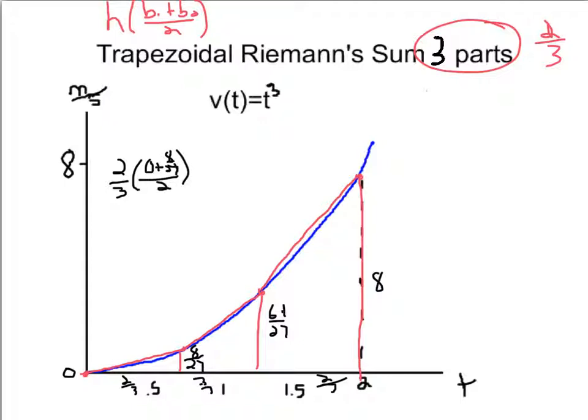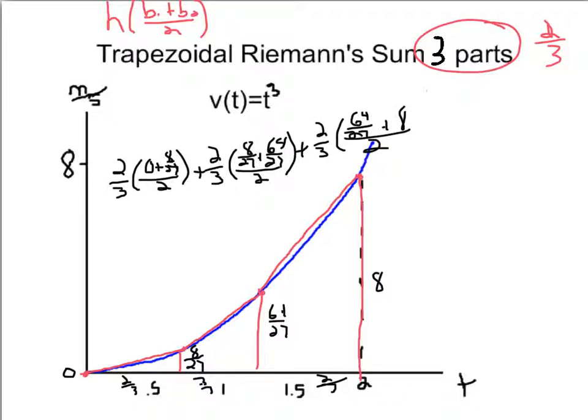Height times the average of the two bases, plus for the second one, the height is 2/3, and the average of the two bases would be 8/27 plus 64/27 over 2. Plus for the final one, the height would be 2/3, and the average of the two bases would be 64/27 plus 8 over 2.